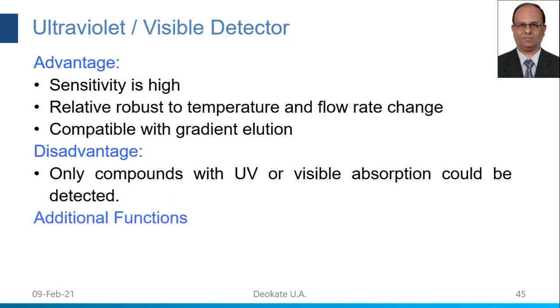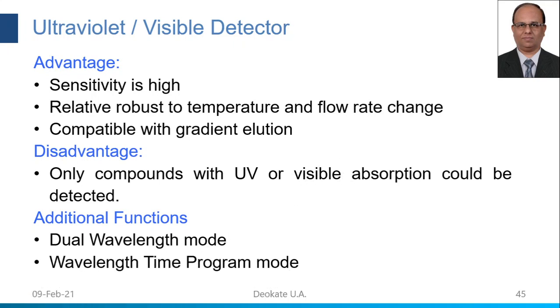Now the modified ultraviolet detectors, or the additional functions that have been included, include dual wavelength mode. At a time we can have detection at two or more wavelengths in this detector. Then wavelength time programming: after a particular time period, the wavelength automatically changes and we can detect the absorption at various wavelengths.